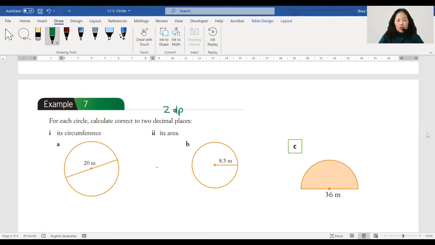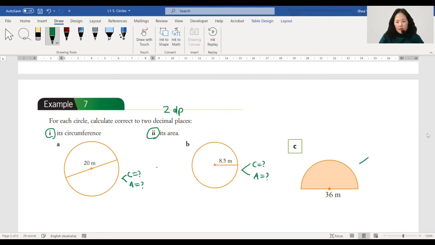And we've got to find two things for each circle here. One is the circumference, and the second one is its area. So you have to find the circumference for part A and the area for part A. And also part B, circumference and area.